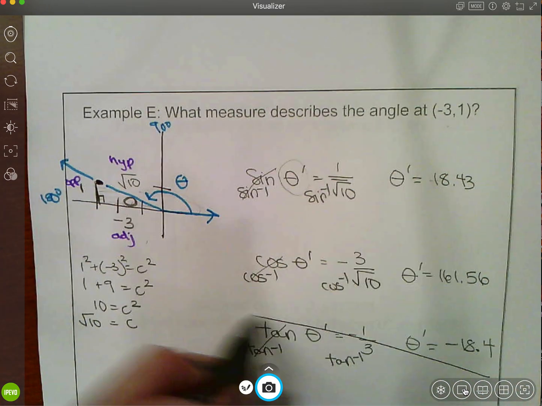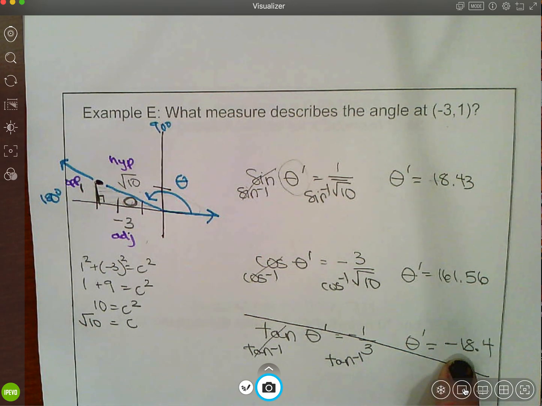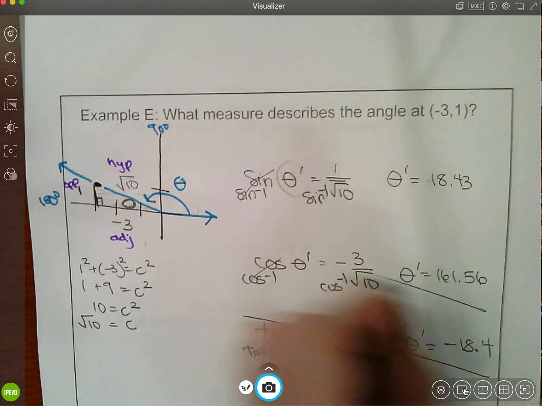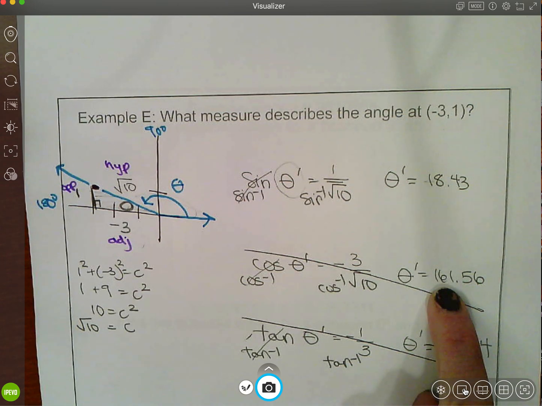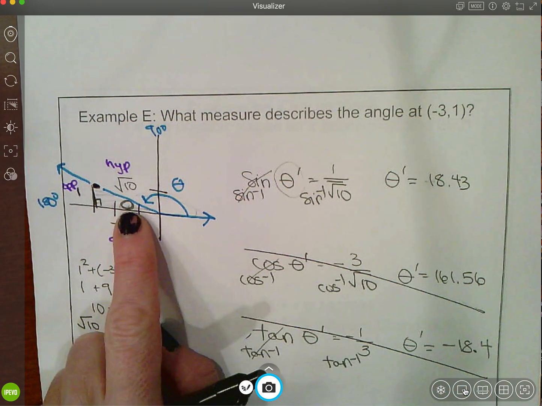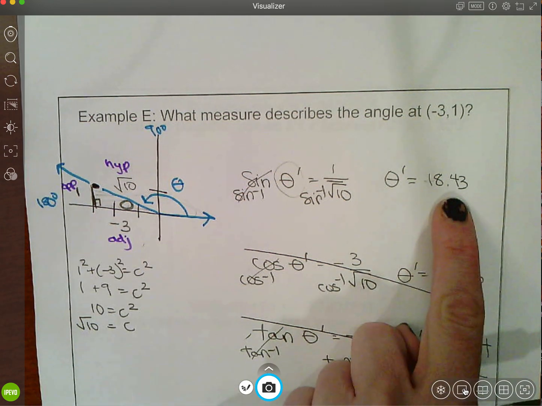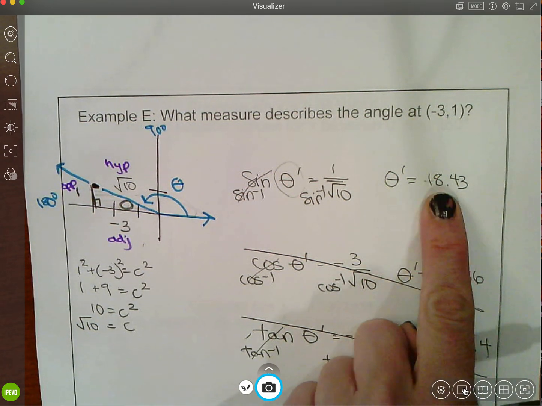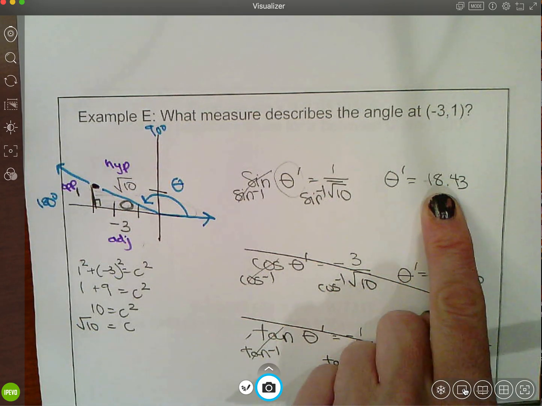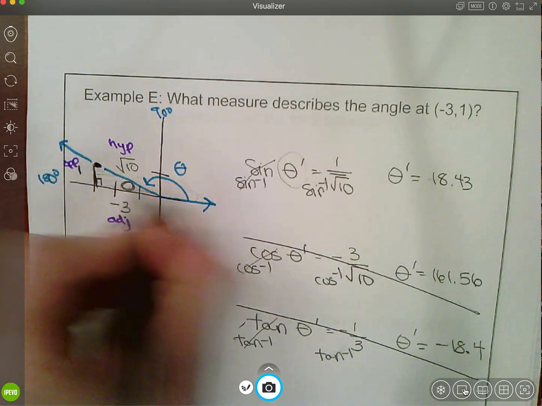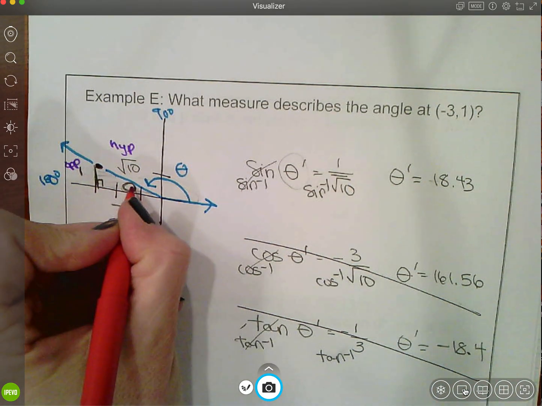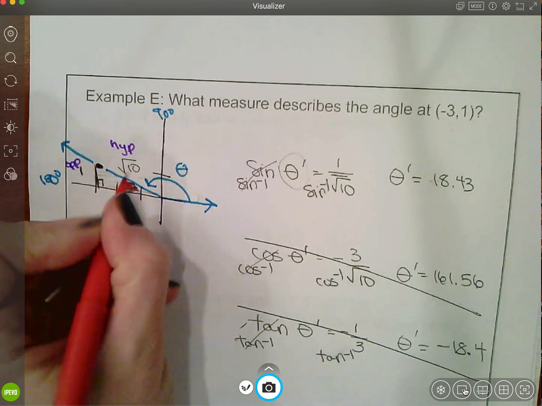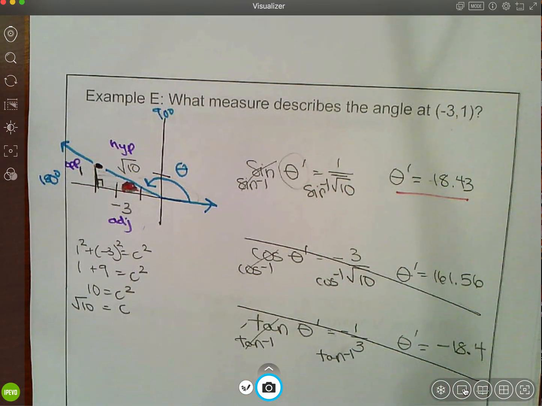Well, I'm going to get rid of tangent right away because I can't have a negative. I'm going to get rid of cosine right away because we can't have something 161 degrees. That is clearly between 0 and 90. That's the idea of a reference angle. 18.43, that totally fits. It's positive and it's between 0 and 90. So this little angle right here is 18.43 degrees.